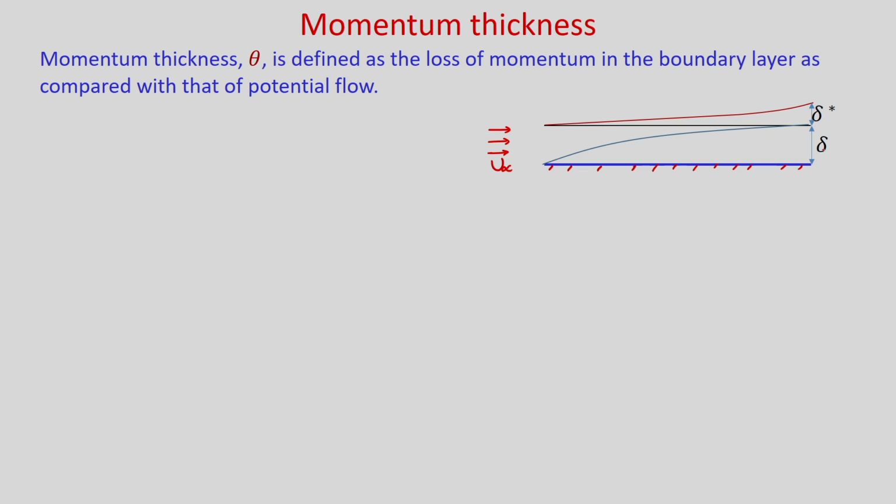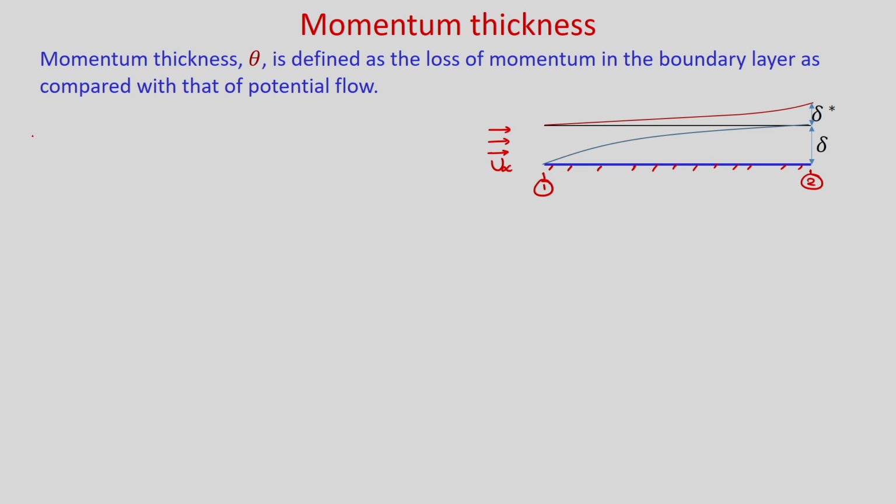So, this is the delta star and this is the boundary layer thickness delta. So, at location 1 whatever momentum you have, at location 2 there will be some deficit. Now this deficit in momentum is represented as momentum thickness theta.